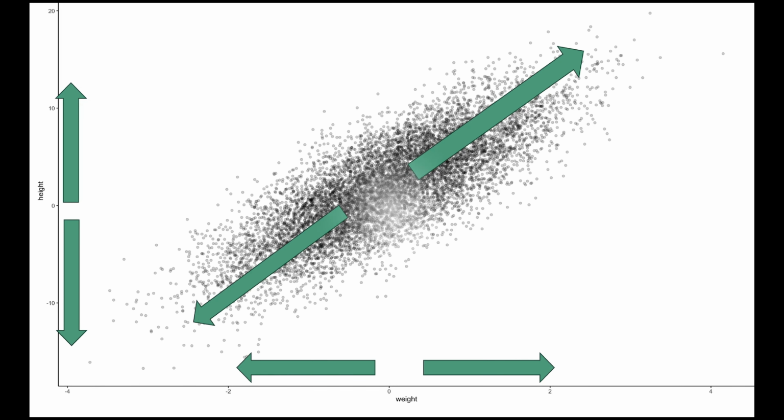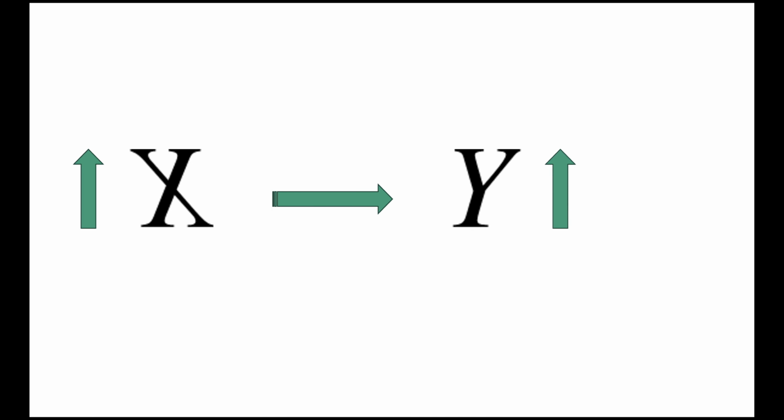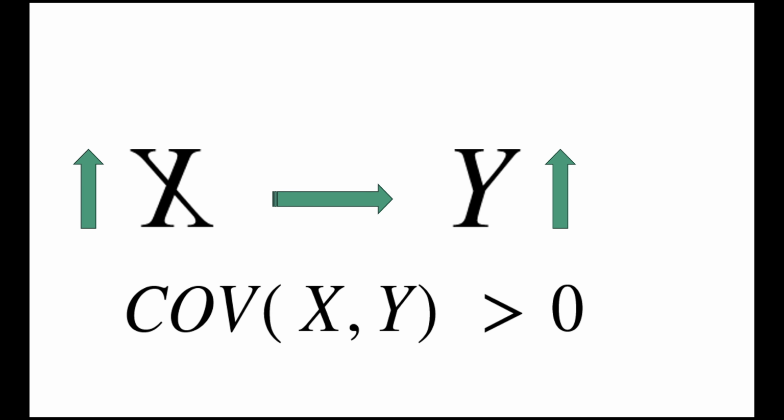For now, you need to understand that the covariance is a measure of the relationship between two variables. So when x increases and y increases, we say that x and y are varying in the same direction. That means the covariance is positive.